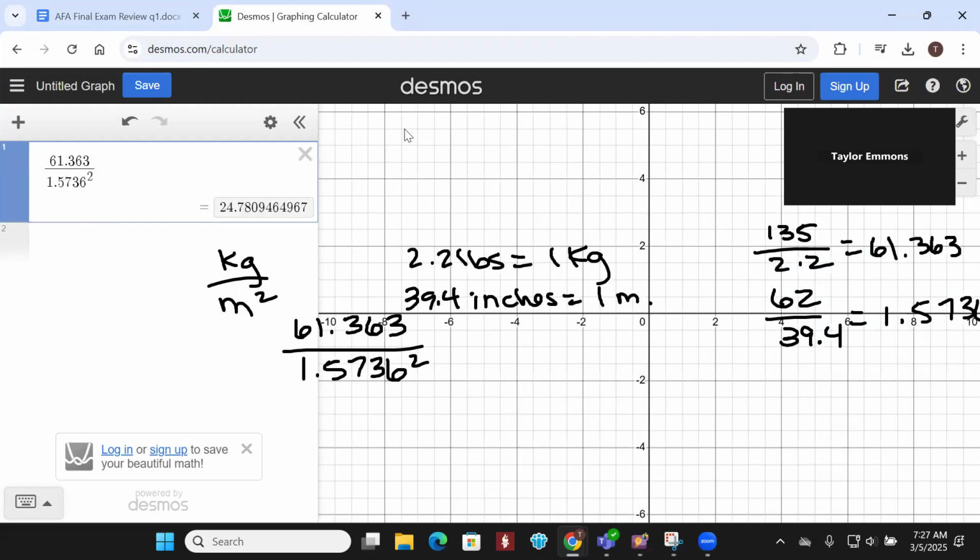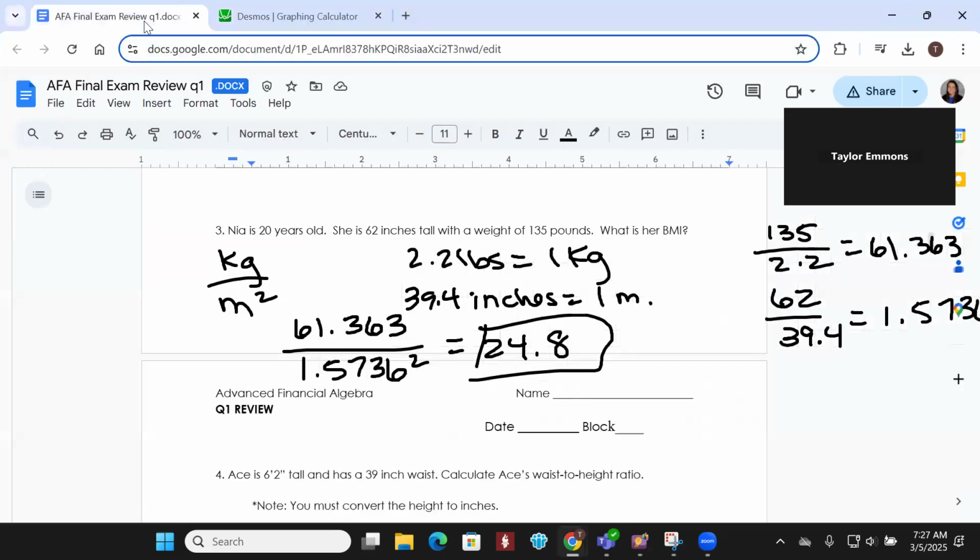We get 24.8 roughly as our BMI. The biggest mistake people make is putting the squared around the whole thing instead of just around the bottom. So make sure you have the squared only on the bottom.